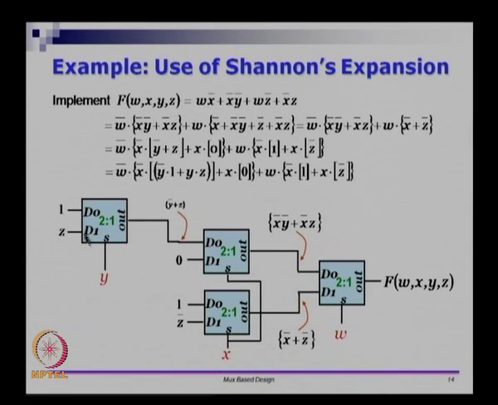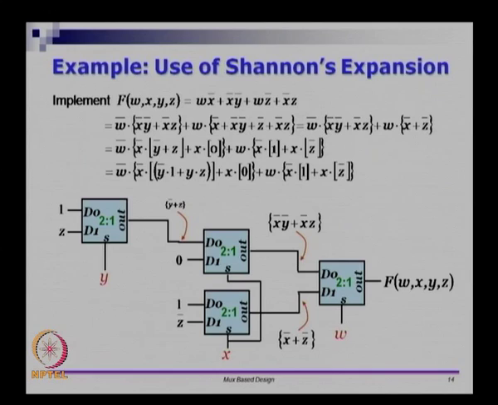So, now if you look at what is given to the circuit, I am giving 1, z, y, z bar, x and w. These are all basic variables or their complements and some constants. So, this is okay. Now this circuit is taking only 1, x, y, z bar, x, w and 0 as inputs. All these are easily derivable.